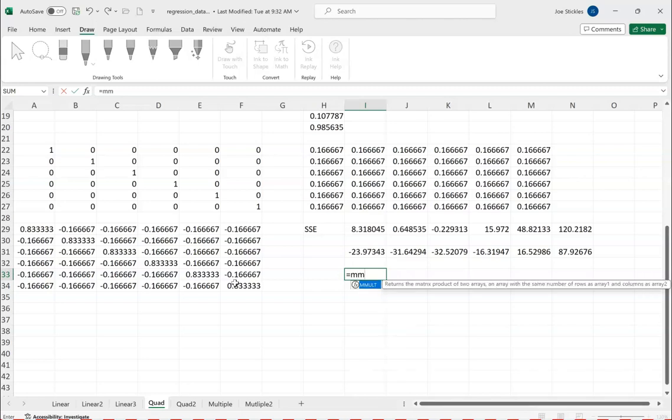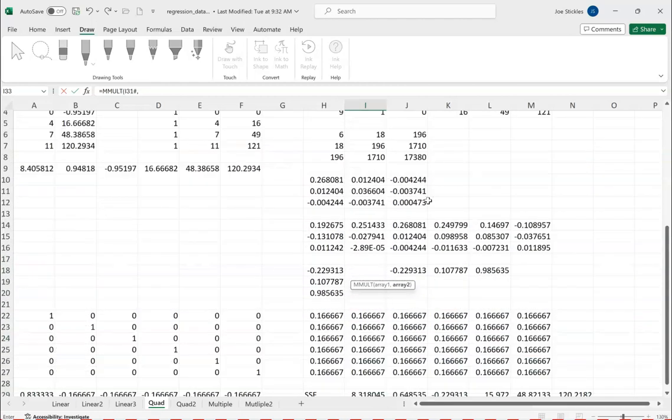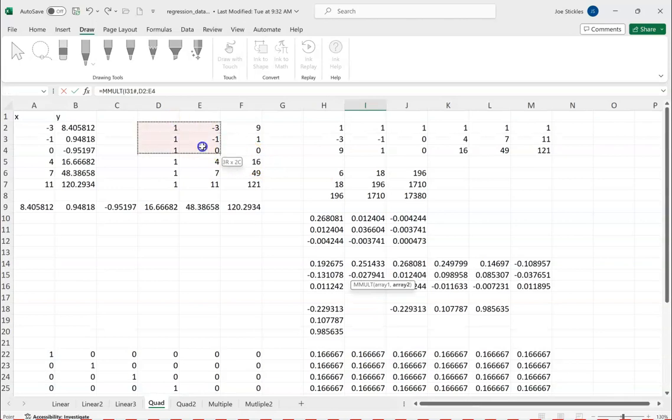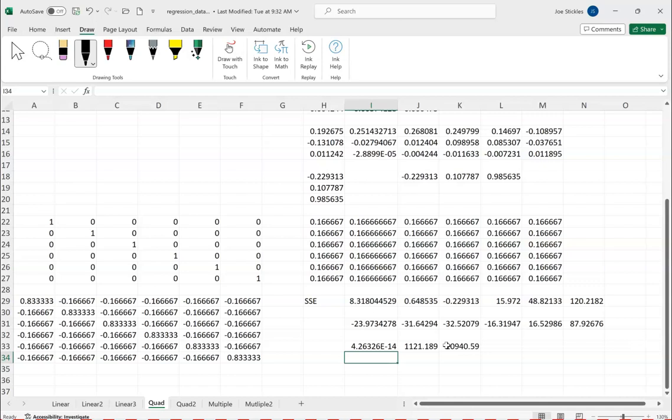The x. I'll go grab the right one this time. So it's what we just computed times the x. The x is up higher here. So what we just computed times the x matrix we just had, which is that one.